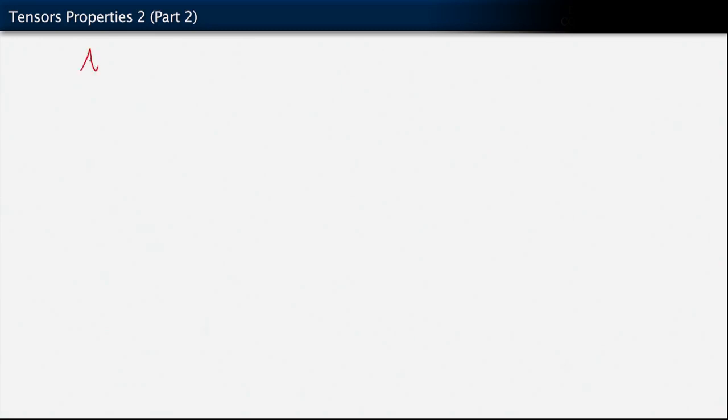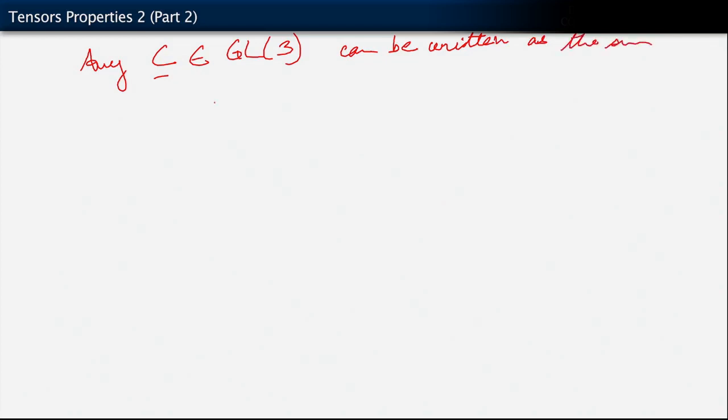Any tensor C, if C is another member of the space of tensors, the space GL3, can be written as the sum of a symmetric and a skew-symmetric tensor.